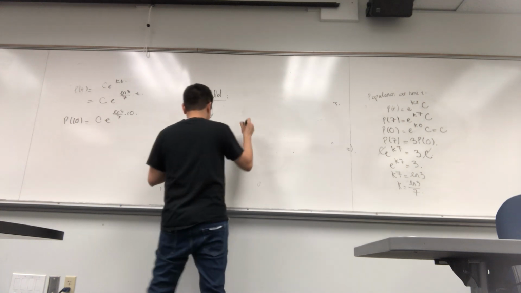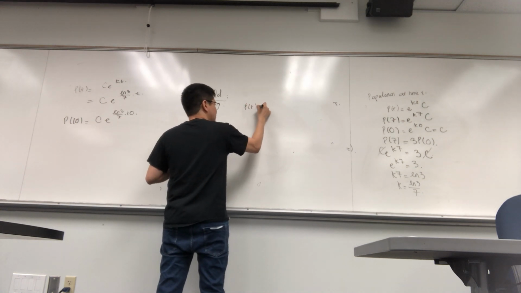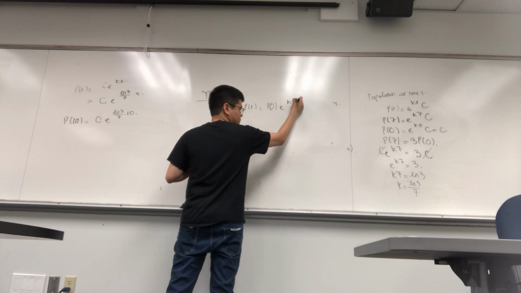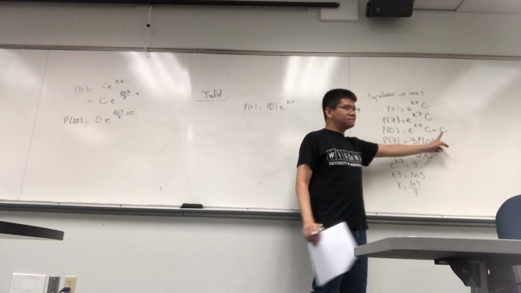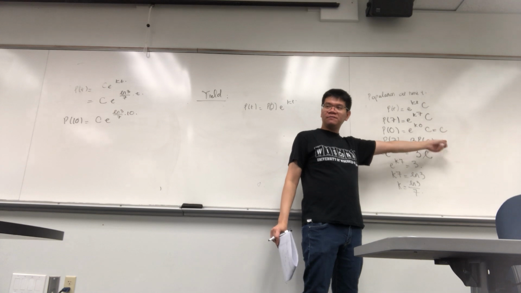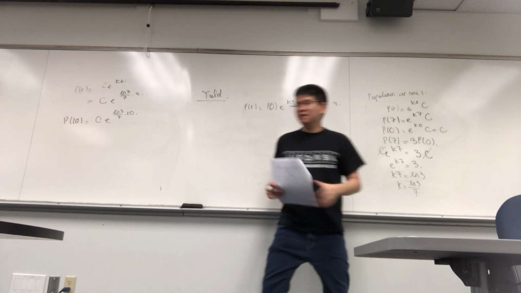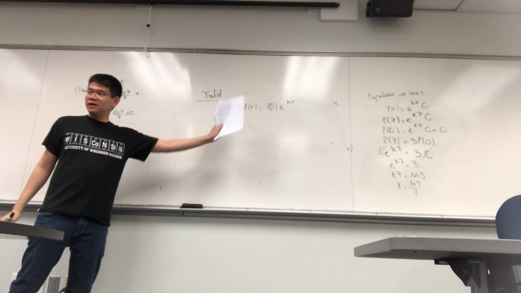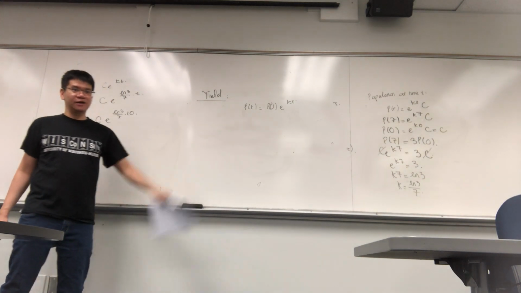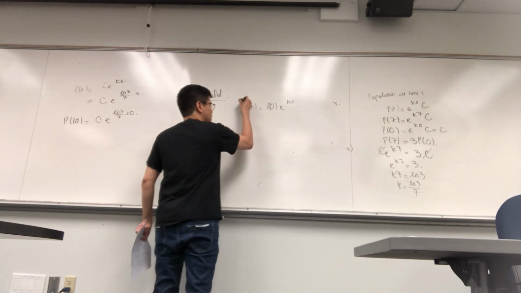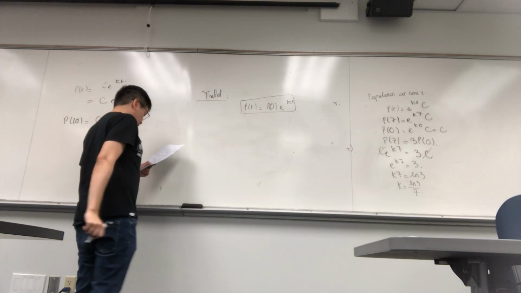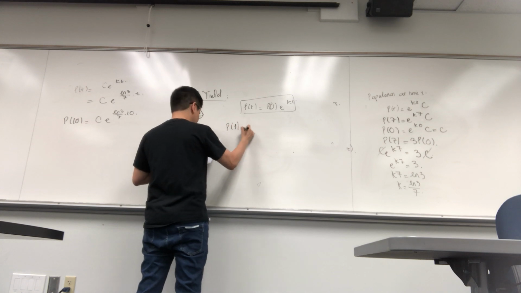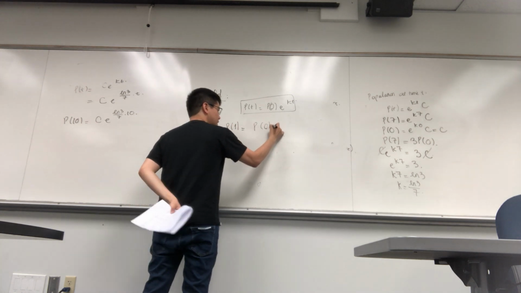So the yield will be... you have P(t) will be P0 e^(kt). Because here we always find that P0 is C, you can write the solution this way. So P(t) is P0 times e to the kt. So P1 will be P0 e to the k.